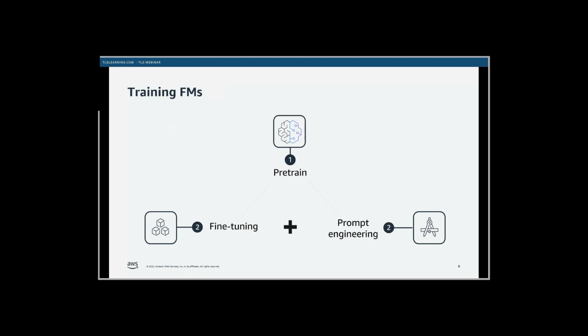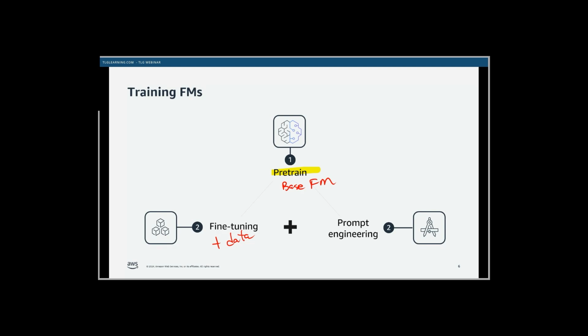When we're training foundation models, we'll start with the pre-training phase where we create the base foundation model. And then further training could be performed in the case of fine-tuning a foundation model. Fine-tuning a model means we're going to add more data and use that foundation model to do additional training on an additional data set to refine the model for some specific task, perhaps.